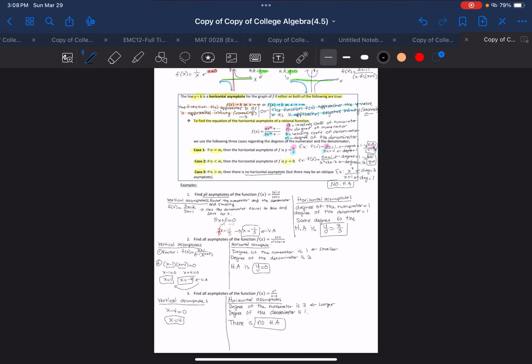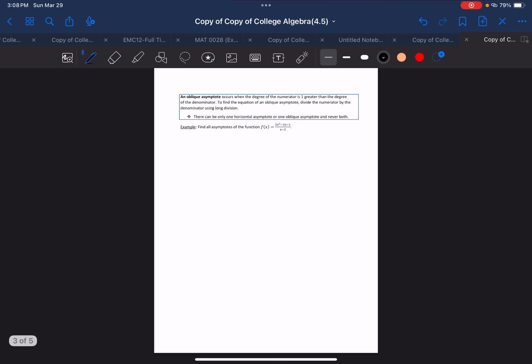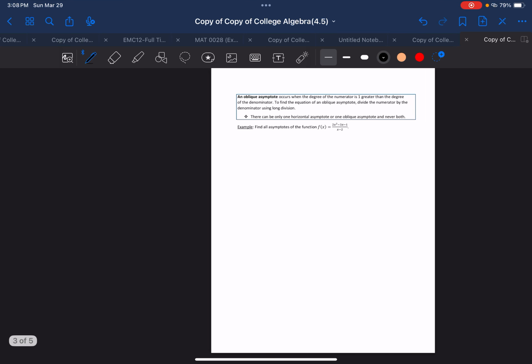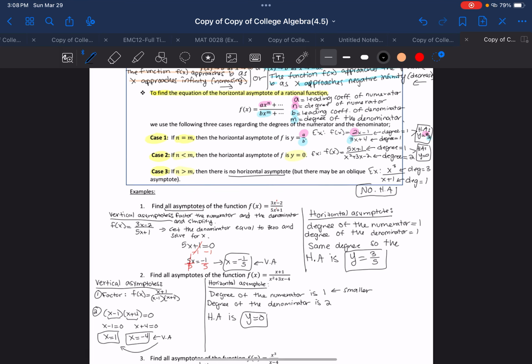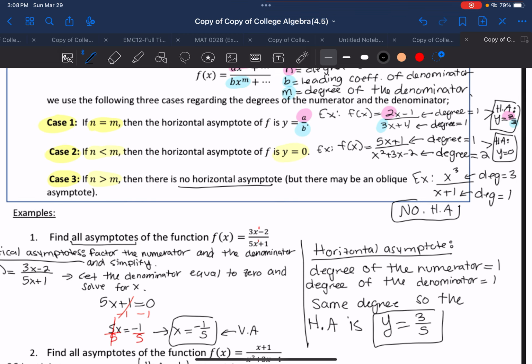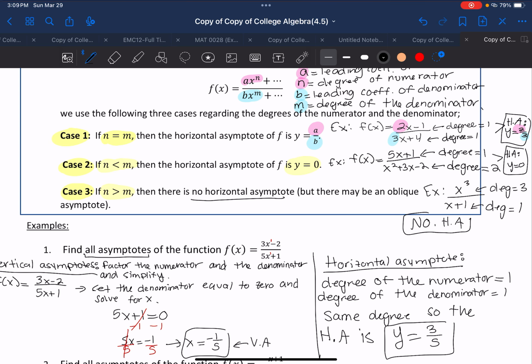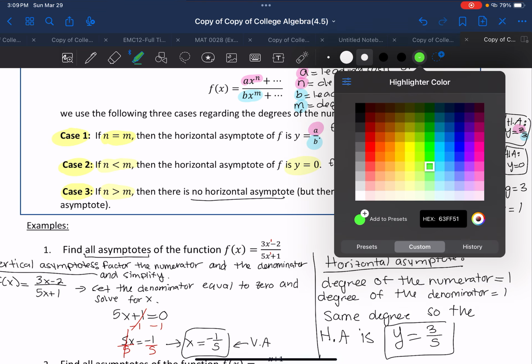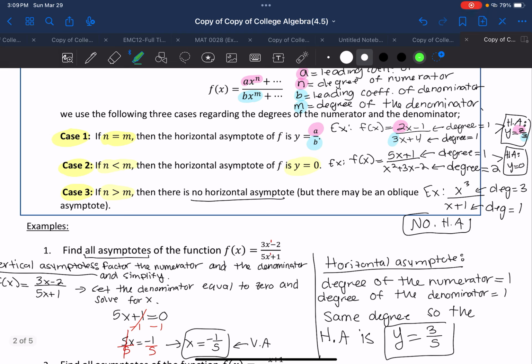Now, I'm probably going to split this video into 2 parts. But I forgot to mention this actually up here. In the third case there, whenever the degree of the top is larger and there's no horizontal asymptote, in that case only, there may be an oblique asymptote.